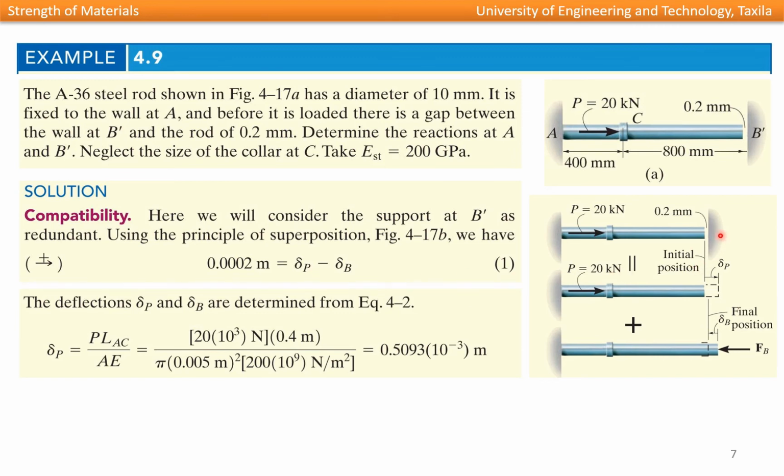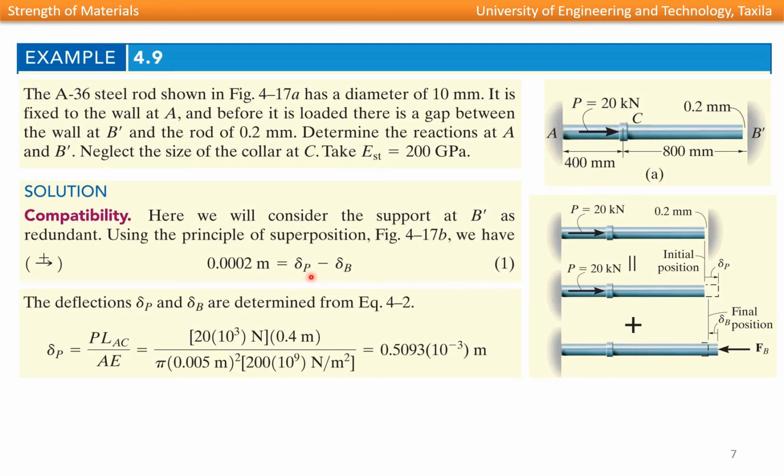It is to be noted that if there was no gap between this end and the wall, then this compatibility equation must be equal to 0. That is, the summation of displacement delta P minus delta B should be equal to 0 in that case. Here the bar can move by 0.2 millimeter, so the compatibility equation states that the summation of these two displacements should be equal to 0.0002 meter.